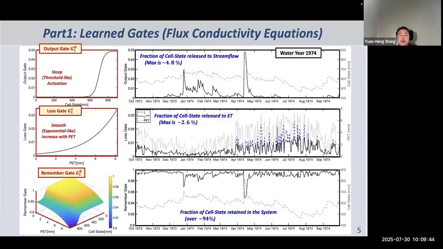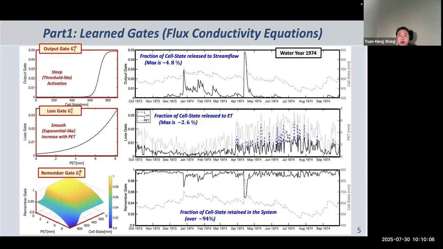The other advantage of MCP is that we can open the black box to see what the gating function is actually learning, right? For instance, we assume the output gate is a function of the cell state governed by a nonlinear sigmoid relationship. For the output gate function at the top left, you see around 600 millimeters is the threshold for the system to release the water.